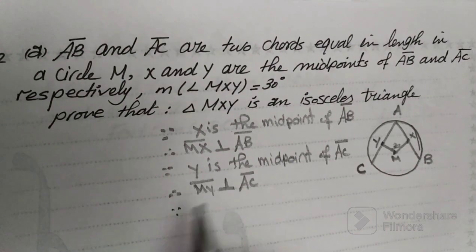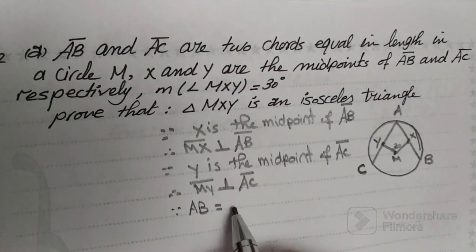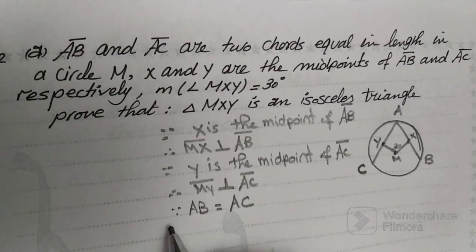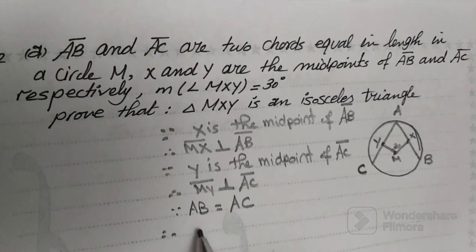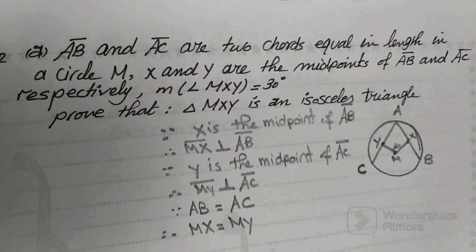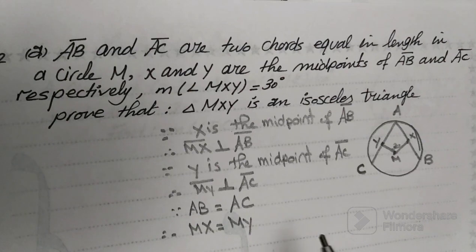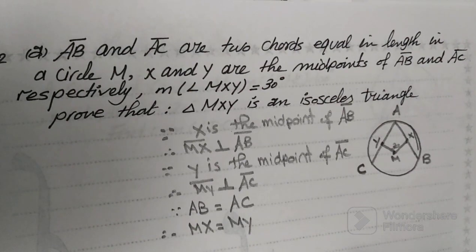Since AB equals AC, therefore MX equals MY from the theorem: the chords are equal, then equidistant from the center of the circle.